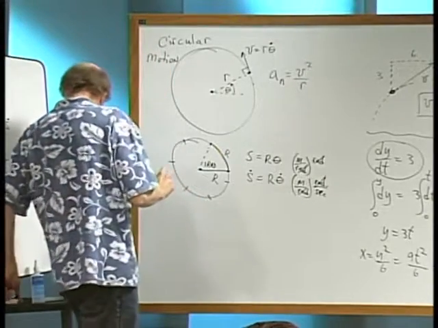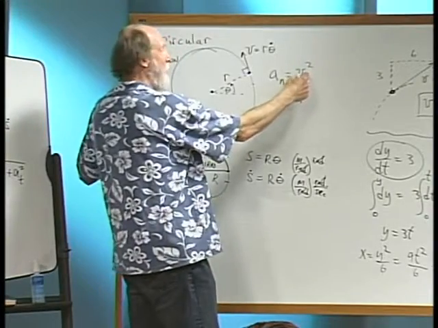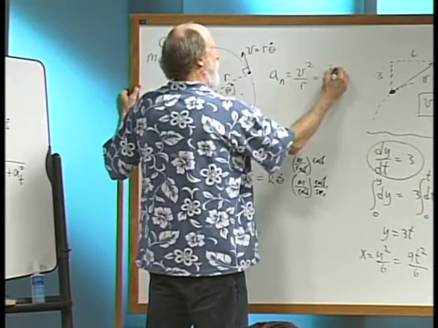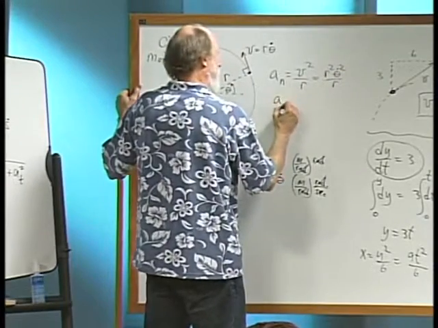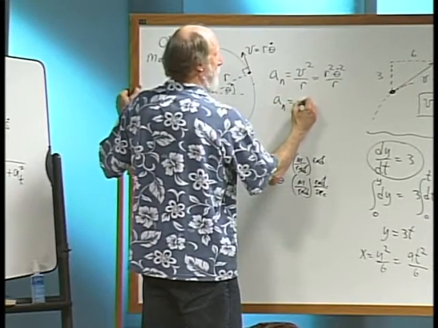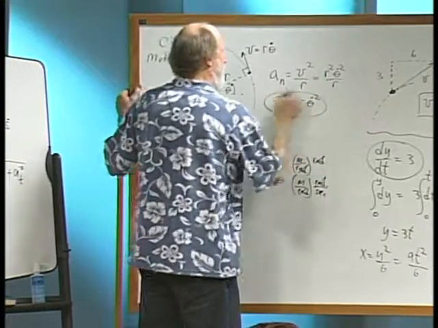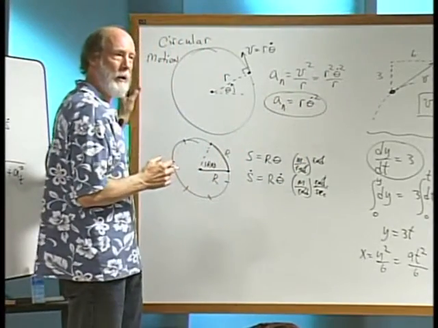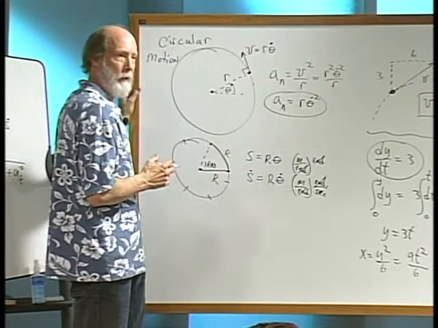If we put R theta dot now into this expression for v, we have R squared theta dot squared over R, and we get something familiar from physics, R theta dot squared. So that's another way you oftentimes see normal acceleration expressed for circular motion.